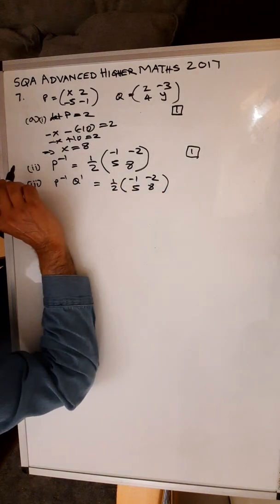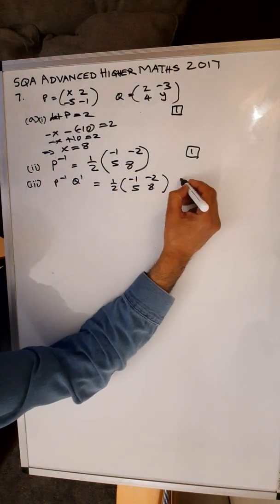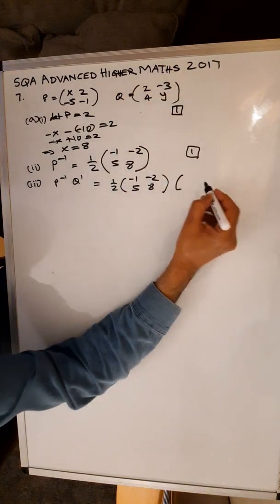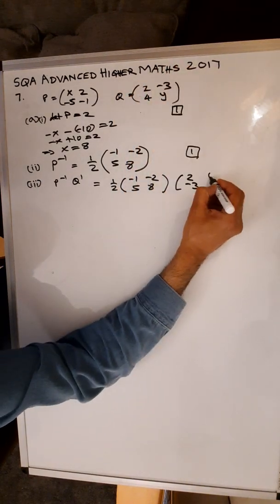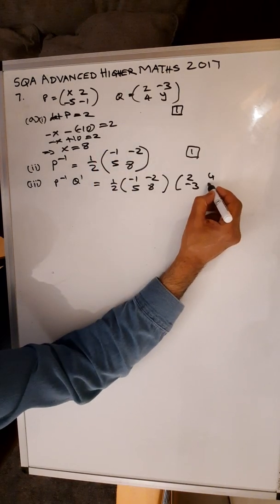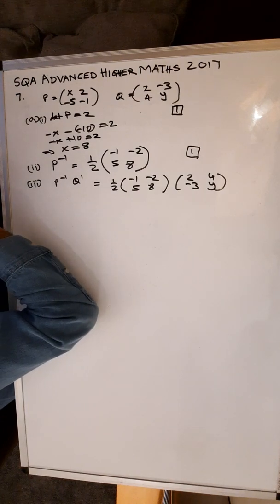You change the rows into columns for Q to make it the transpose. So 2 minus 3 as a row becomes 2 minus 3 as a column, and 4y as a row becomes 4y as a column. So that is that.